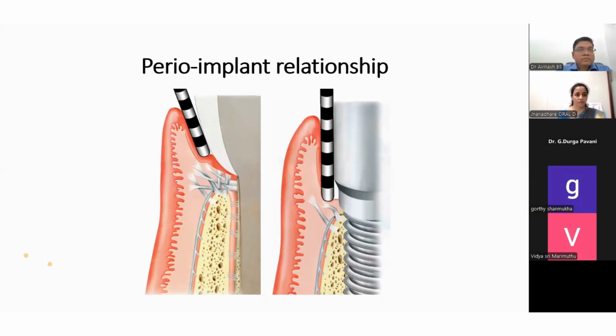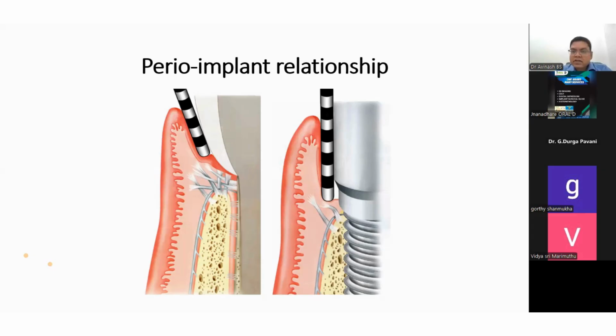But having good soft tissue, that is having good keratinized gingiva or keratinized tissue around the implant, is equally important. If you don't have adequate keratinized gingiva around the implant, then the implant is bound to fail in a few years. Okay, it is very important to have keratinized gingiva.